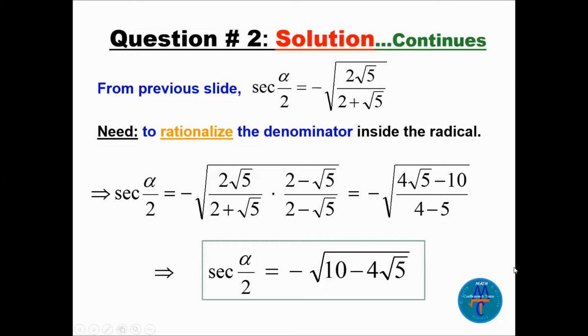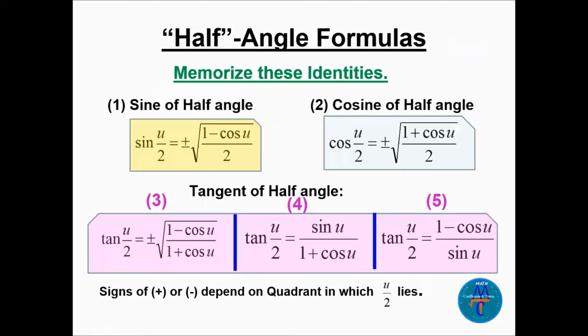Okay, let's see another question before we reach the practice. Just as a gift here, I put for you a really nice slide, all half angle formulas. This one we use is cosine half angle, plus or minus square root of 1 plus cosine u over 2.